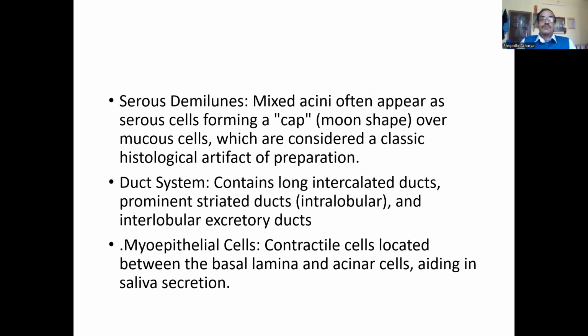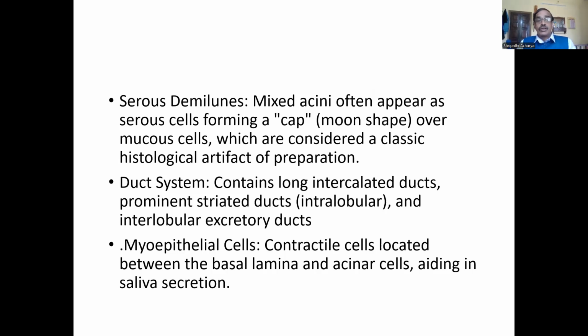Serous demilunes. Mixed acini often appear as serous cells forming a crescent moon shape over mucous cells, which is considered a classic histological artifact of preparation. Duct system contains long intercalated ducts, prominent striated ducts, intralobular, and interlobular excretory ducts.